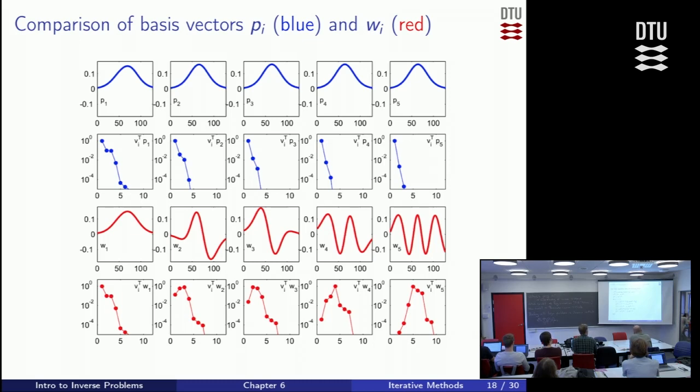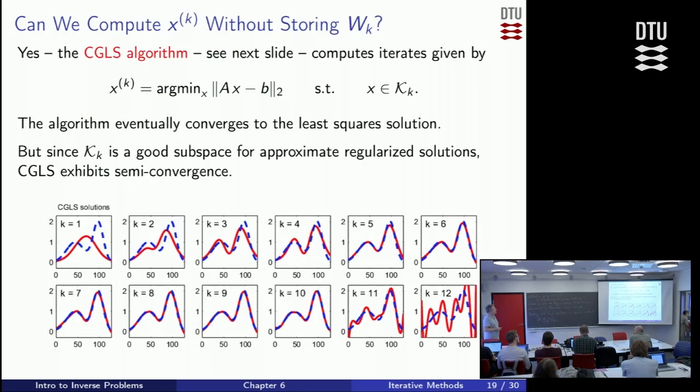Why is it called CGLS? Because it's a conjugate gradient algorithm specially designed for least squares problems. The nice thing about running the CGLS algorithm is that it produces solutions to that equation there without specifically forming the Krylov subspace.